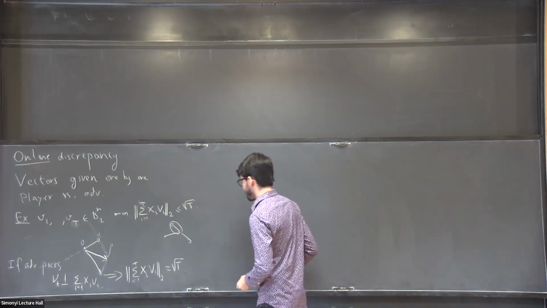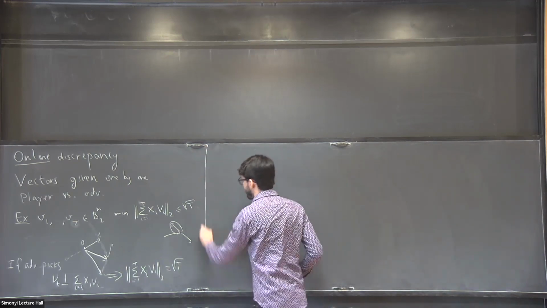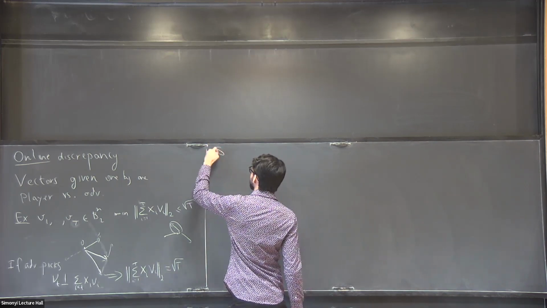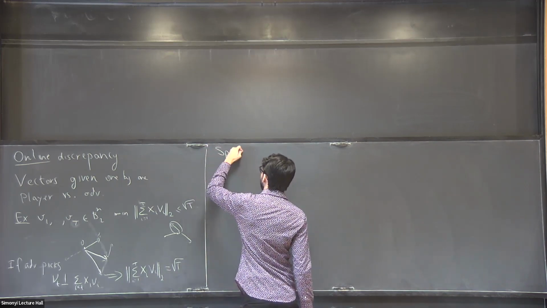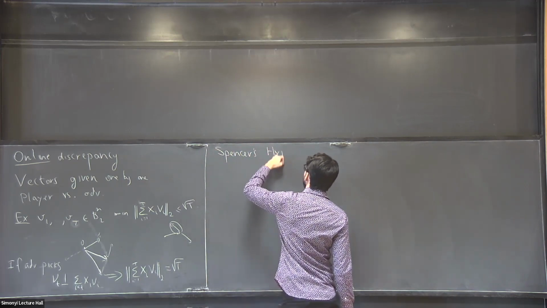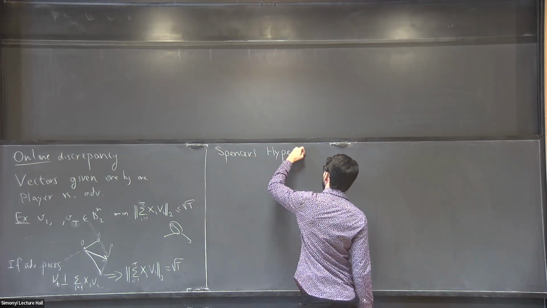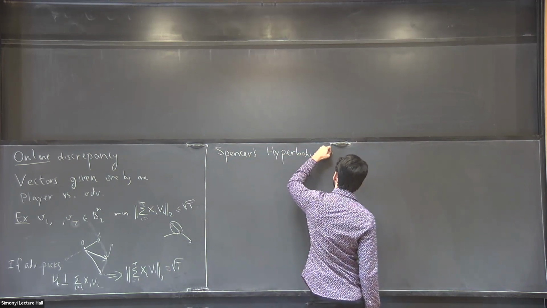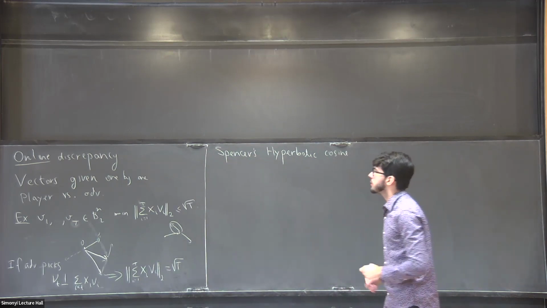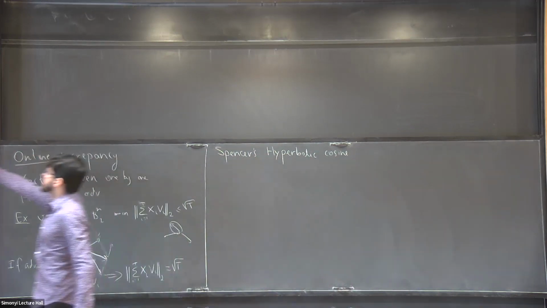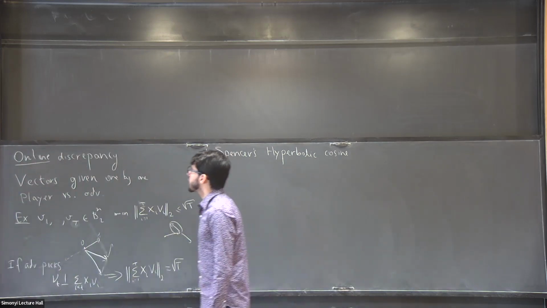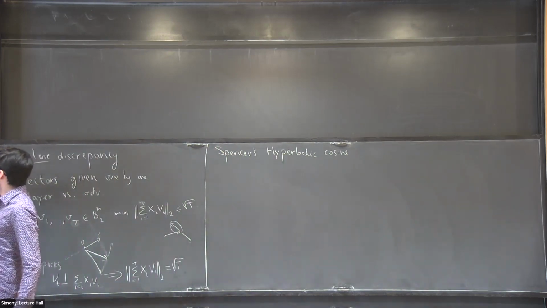Okay, I want to give a slightly more interesting example. Let's consider, back to the case where the vectors are in the unit cube, and let's see if we can get the same bound of square root n.